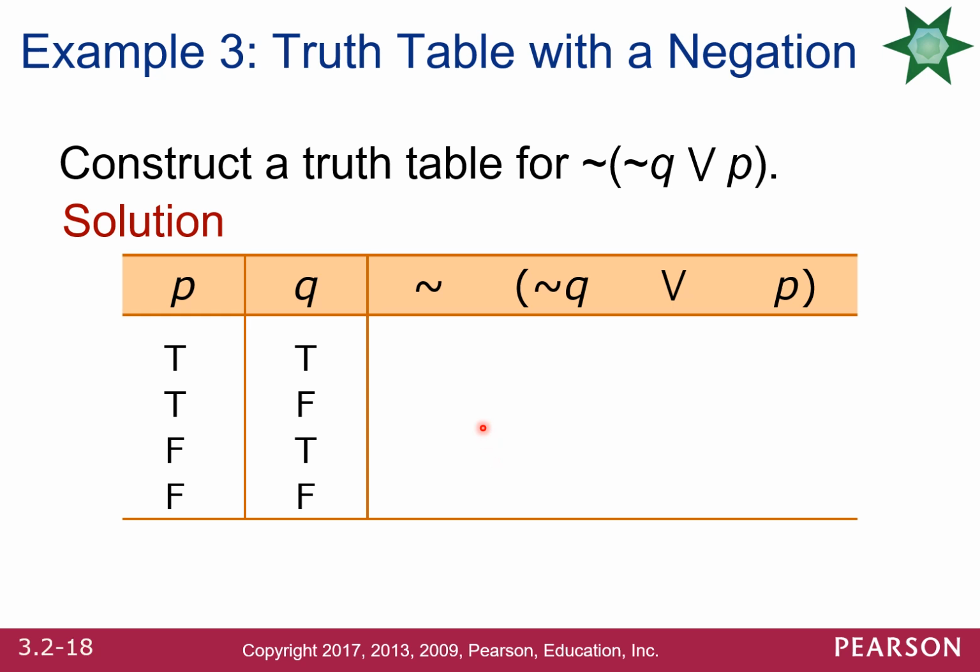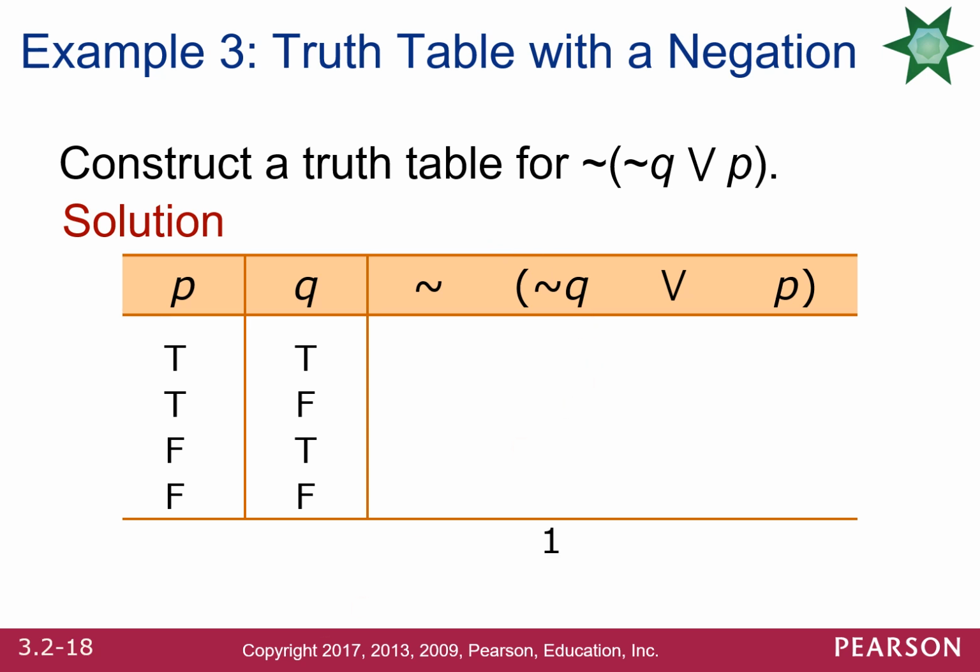Let's see if that matches with the way we worked it out and the results we got. It's going to come up step by step. The first step should be to negate all the Q values. If it was a true, then not Q would be a false. If it was a false, not Q would be a true. Let's see if that's the case.